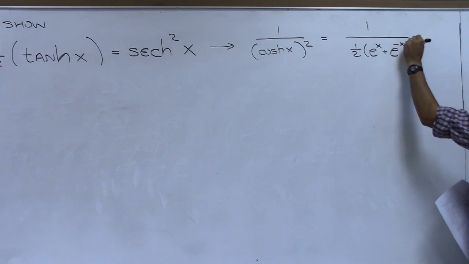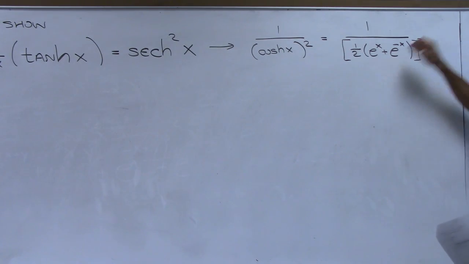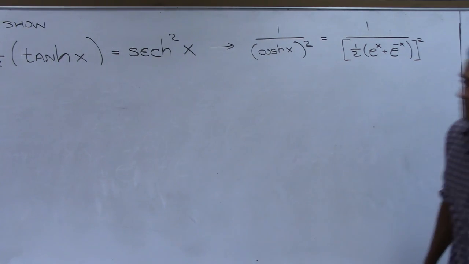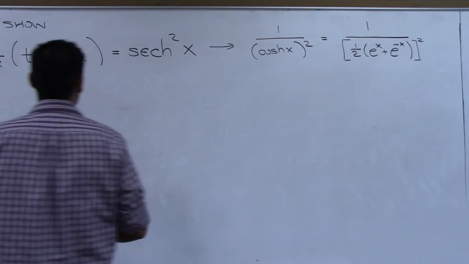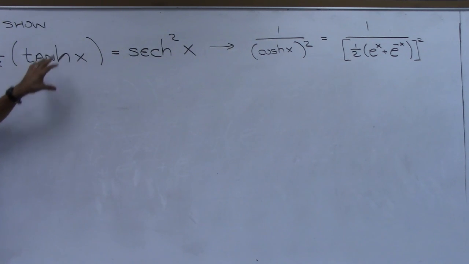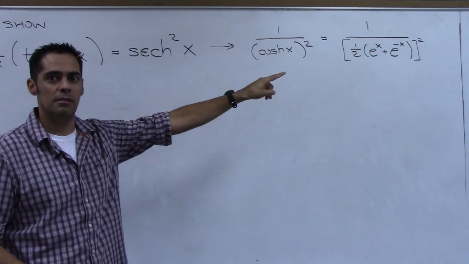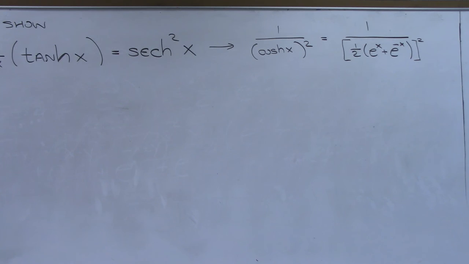Then squared. So that's cosine hyperbolic x, but squared. So what you have to do is start with this: write down what you think tangent hyperbolic x is in terms of e. Then take the derivative, and then show it's that. Let's see if y'all can get anywhere with this at all.